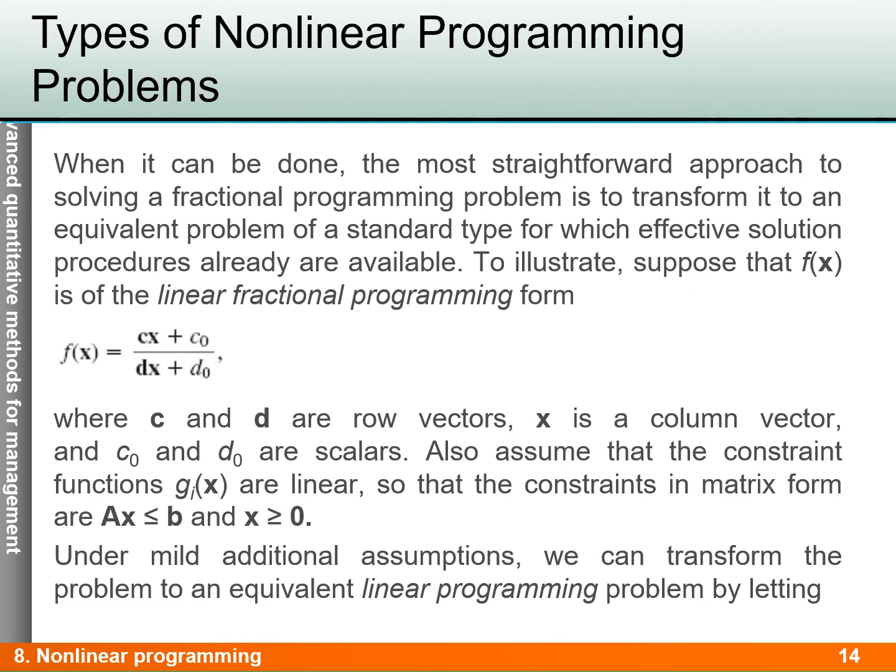It's a typical form of linear programming, where the constraints are linear in the form of a matrix A multiplied by x less than or equal to the right-hand side, that is b, and the constraint for the variables is that they are non-negative.